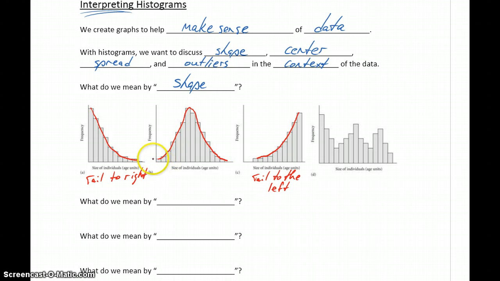So in this case, our tails are headed off in both directions. So this is a two-tailed graph. So whenever we see a graph with this tail to the right, meaning that we have lower frequencies on the right-hand side of this graph, we refer to that as a right-skewed histogram.